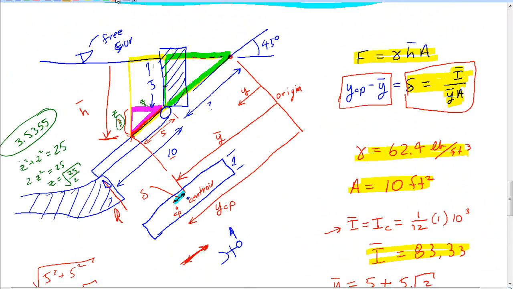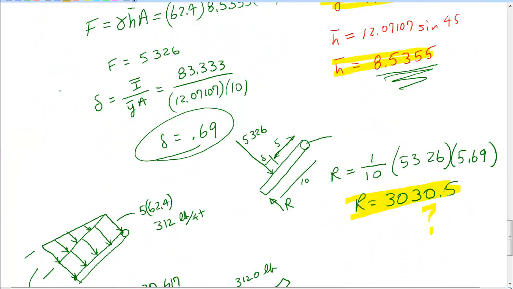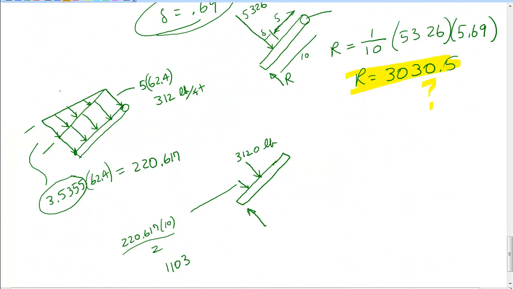What I needed to do is go to the end of this gate. The pressure at the tip end of that gate is not just 3.5, it's 3.5 times 2. That moves me to the centroid. I need to move all the way down. So what I have here is an incorrect value there.